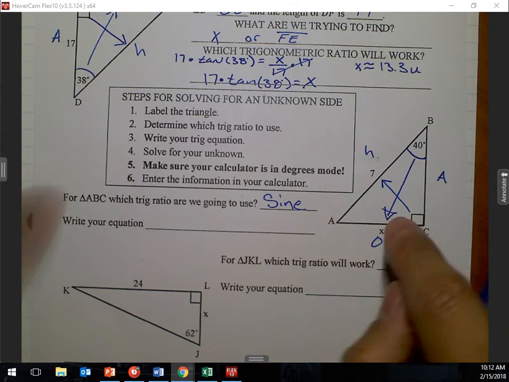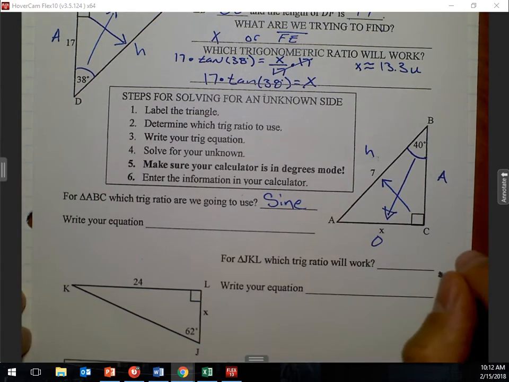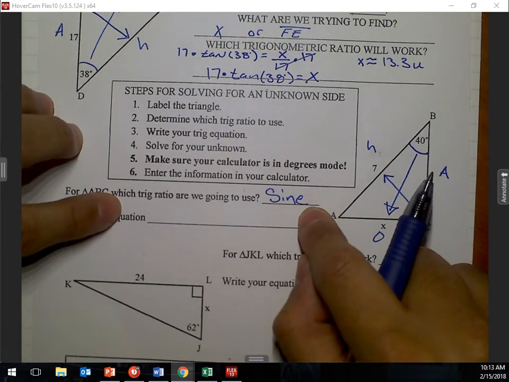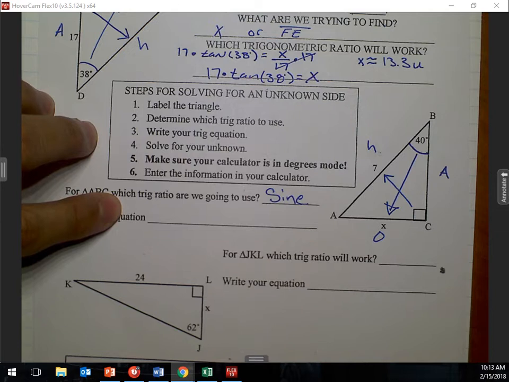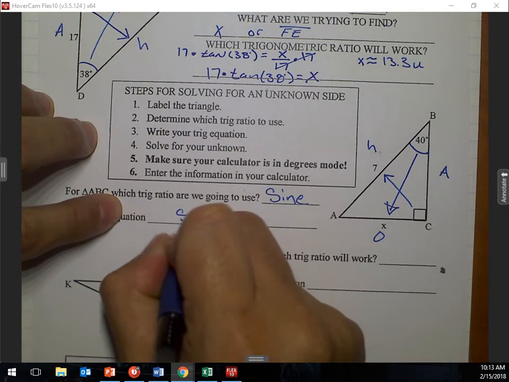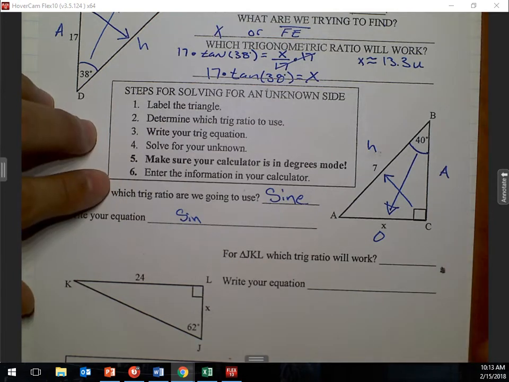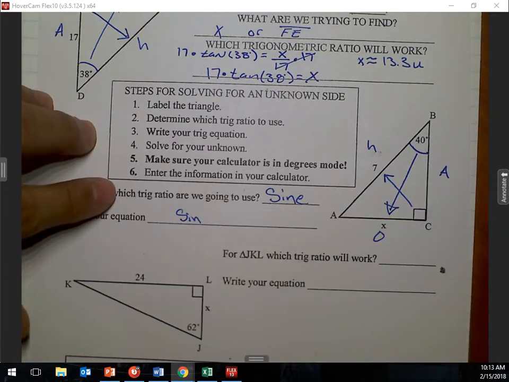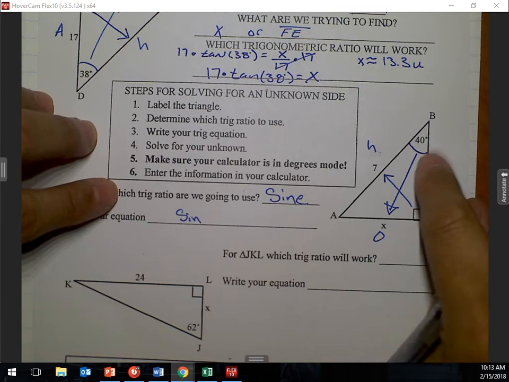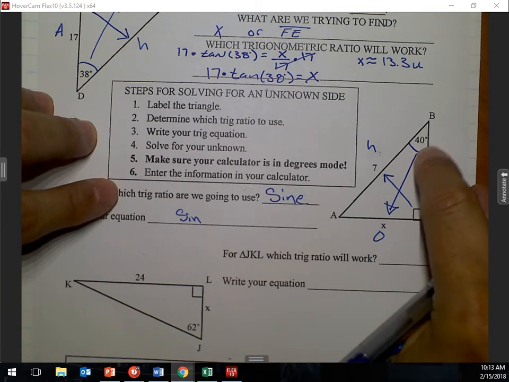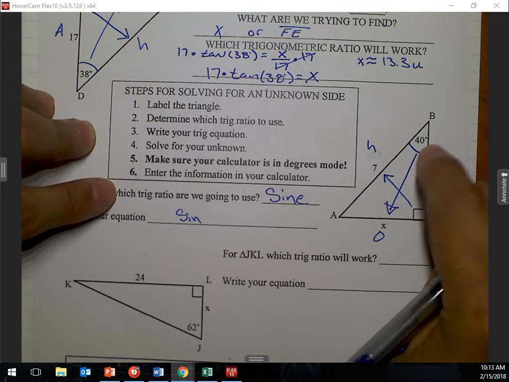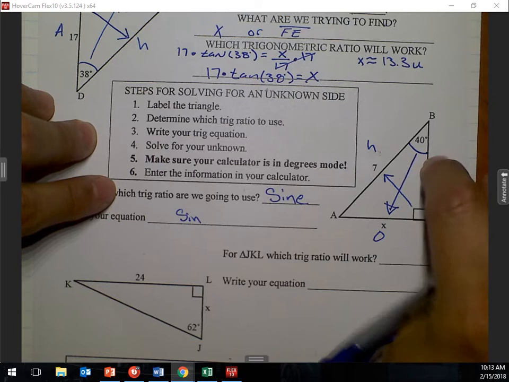So now, let's set up our problem. We said it's going to be sine, so I'm going to write sine. This time it's going to be sin because I'm abbreviating here. What goes next to that sine? 40. I have to put my angle. So that's my reference point. That's important.